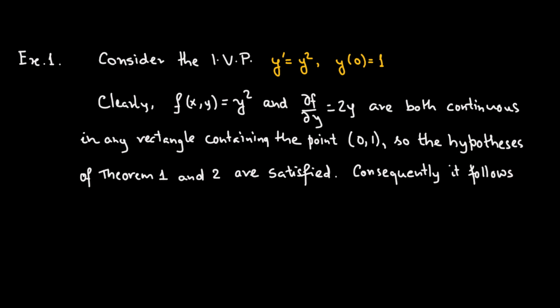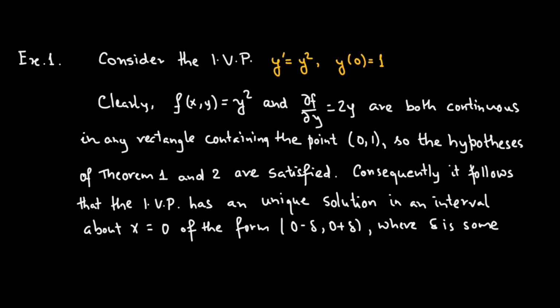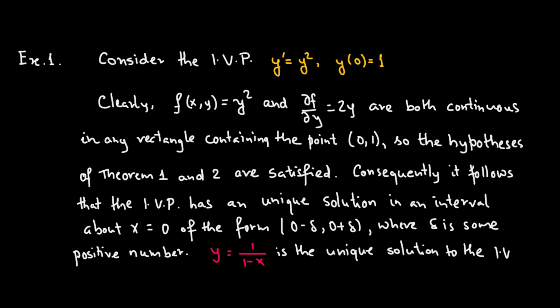Consequently, the initial value problem has a unique solution in an interval about x equals 0 of the form (0 minus delta, 0 plus delta), where delta is some positive number. y equals 1 over 1 minus x is the unique solution to the initial value problem.